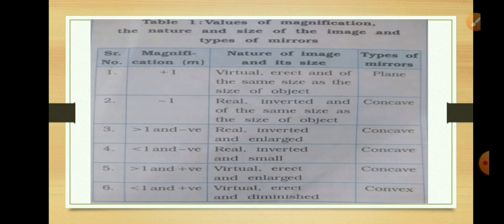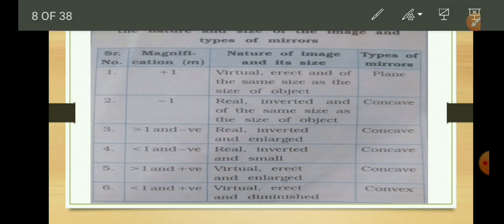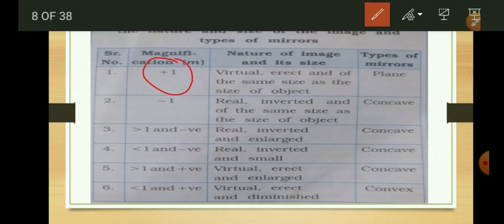Now see, if the value of magnification is plus 1, then the nature and size of the image will be virtual, erect, and the size will be the same as that of the object. So if the value of magnification is 1, that means the image size is the same as that of the object.